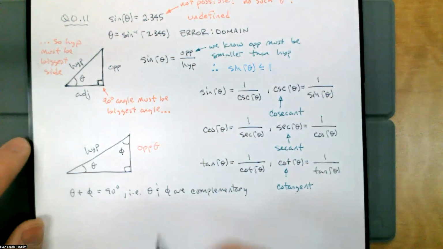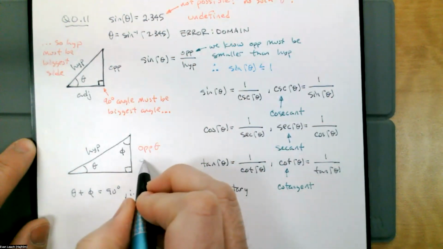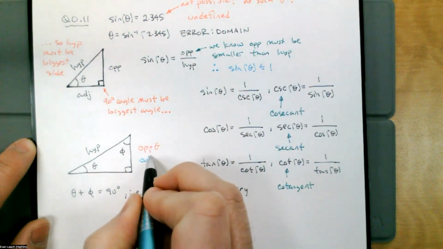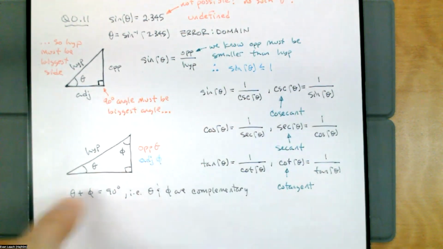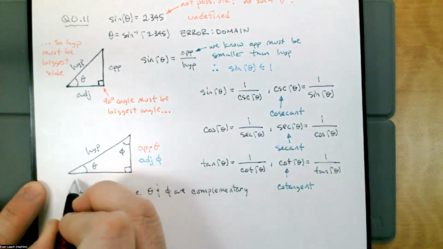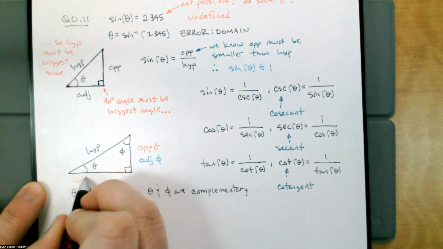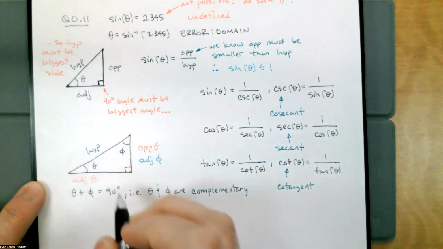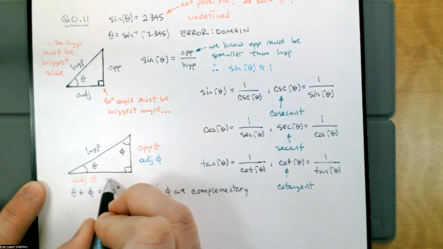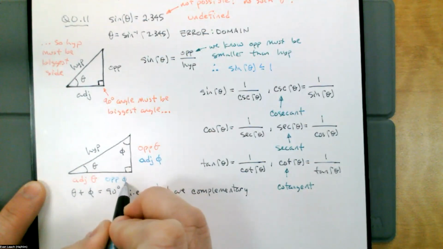It's adjacent to phi. Now this horizontal side down on the bottom is adjacent to theta. But what is it relative to phi? It's opposite phi.